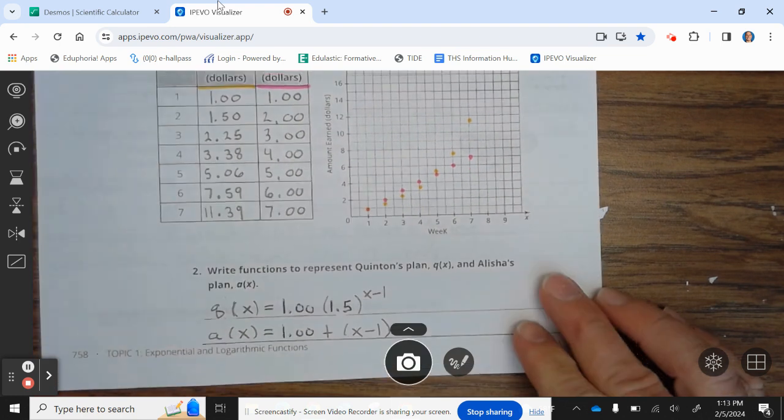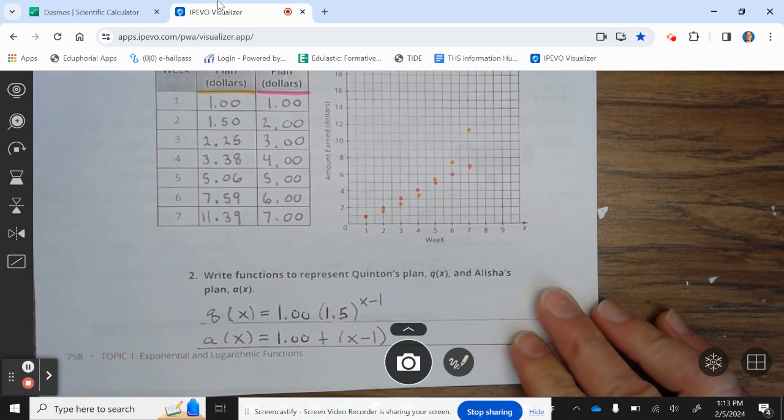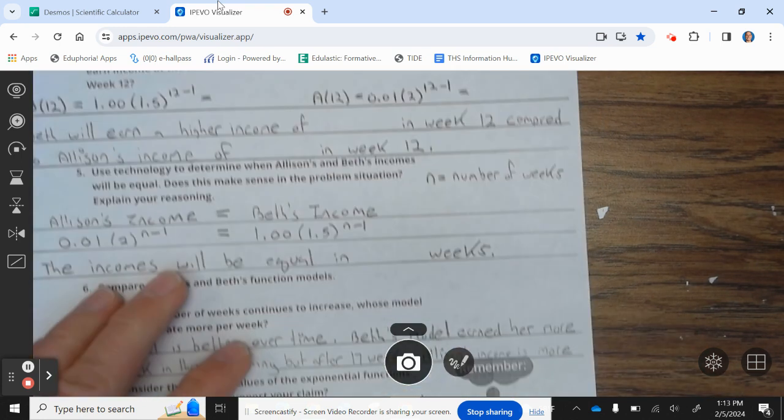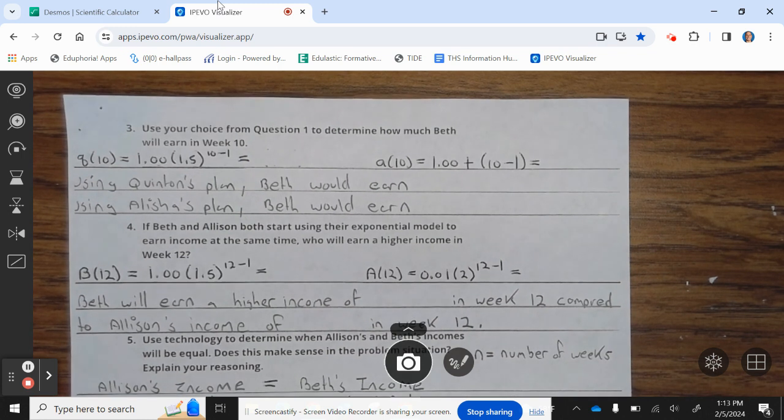Alright, let's take a look at the next page. Three, use your choice from question 1 to determine how much Beth will earn in week 10. All right, so let's go ahead and use our calculator.